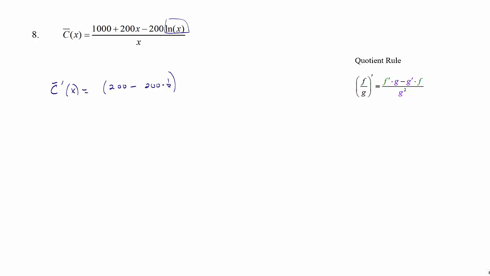So that's the derivative of the first times the second, so times x, minus, now I need the derivative of the second, so the derivative of the denominator is 1, times the first, so times my numerator. So I have 1,000 plus 200x minus 200 natural log of x. And all of this over my denominator squared. And there's my answer, not simplified.